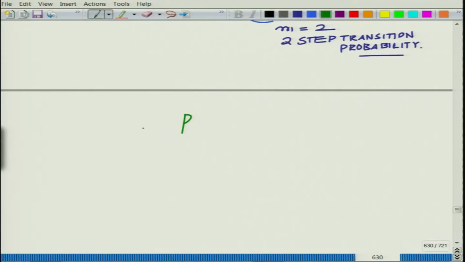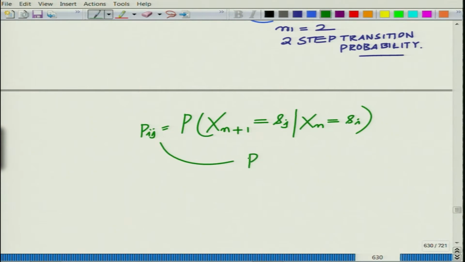So, we have P_ij equals probability X_{n+1} equal to S_j given X_n equal to S_i, and we put together in this matrix P. This is essentially our transition probability matrix, and by default this means the one step transition probability matrix, that is what we say.